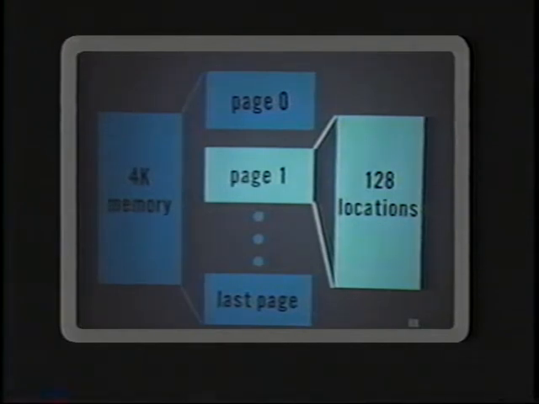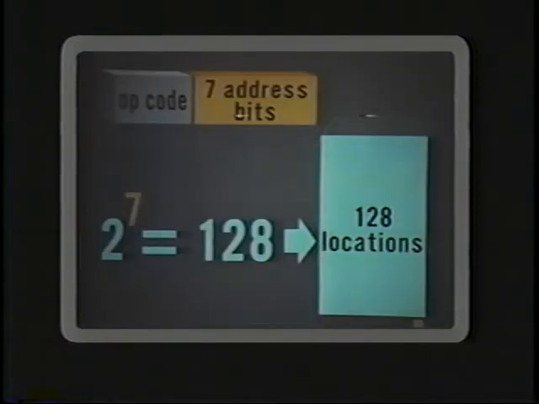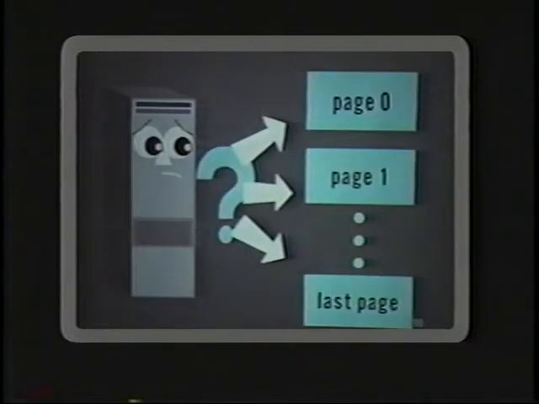The page size is based on the number of address bits available in the operand field. In this example, 7 address bits are available. Therefore, we can accommodate a page size of 128 storage locations. In other words, with a 7-bit address, the computer can reference any location within a given page. But how does the computer know which of the 32 pages is being addressed?